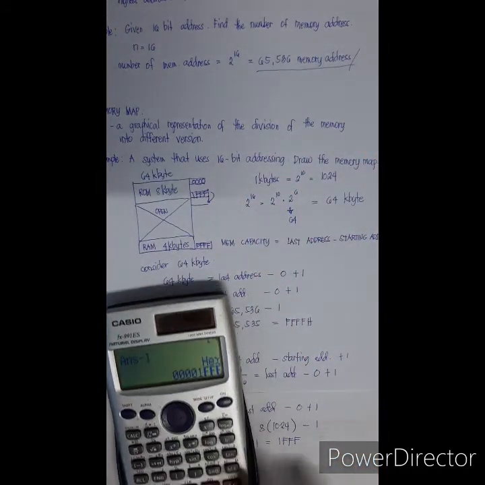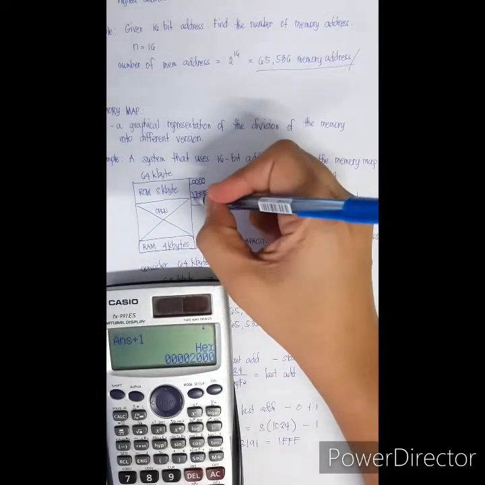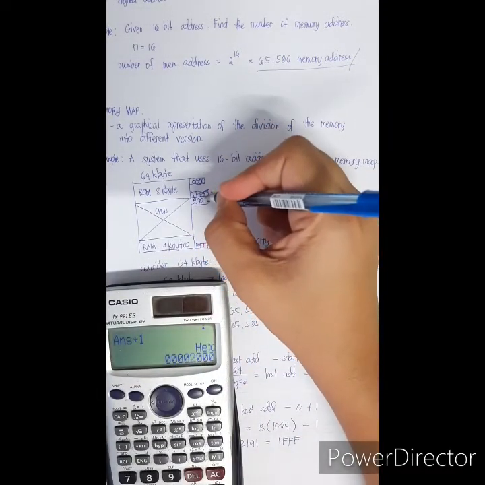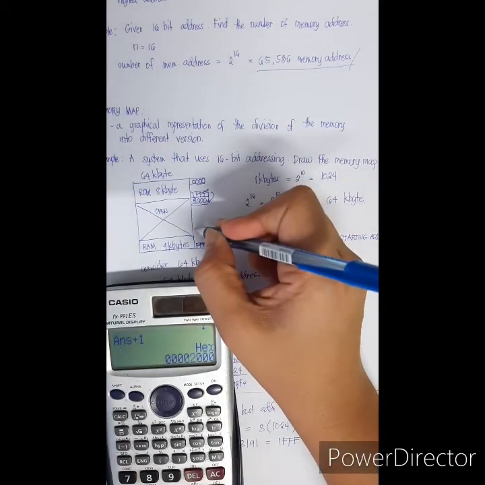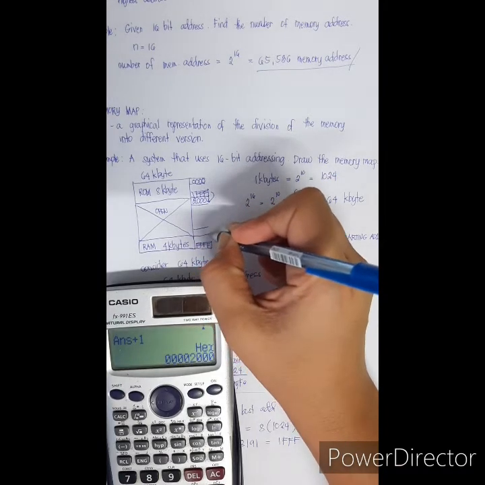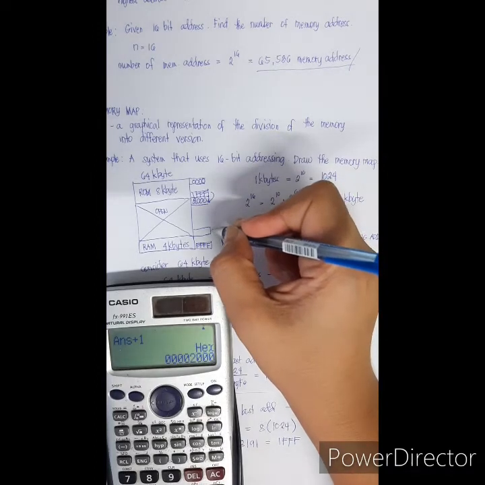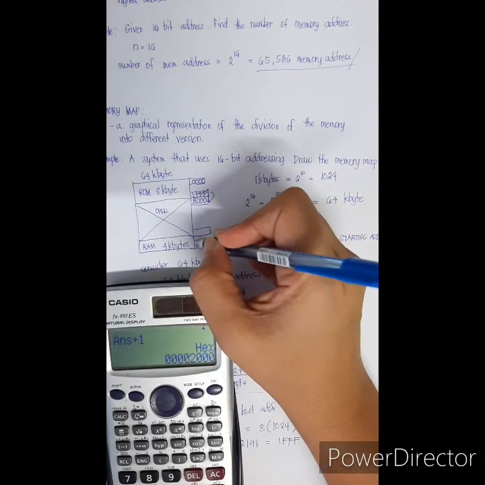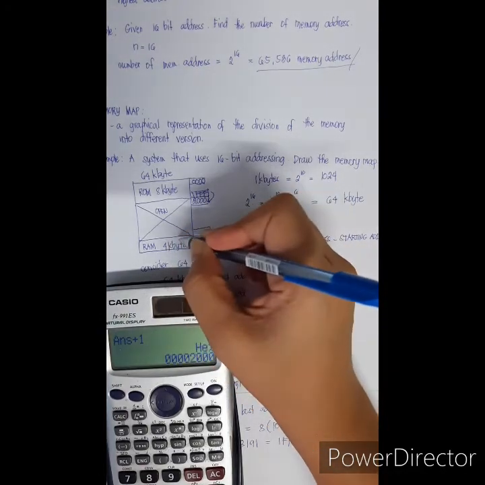Plus 1 is equal to 2000. And we can use this part to get the last address of the open memory. We add 1 again to get the starting address of the 4 kilobytes.